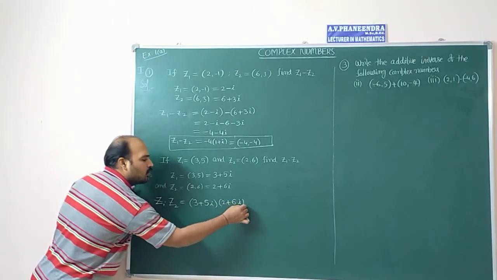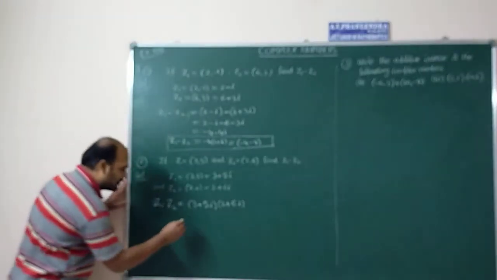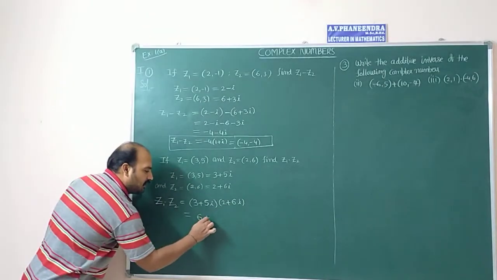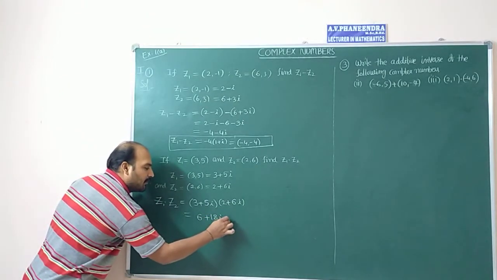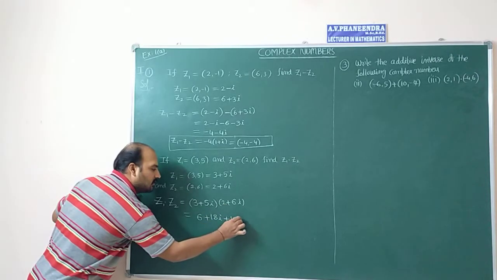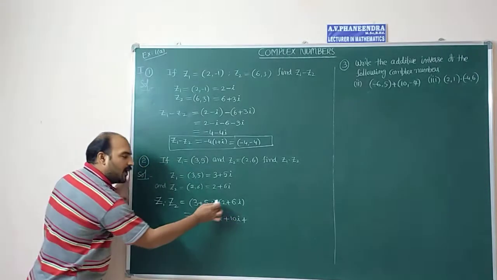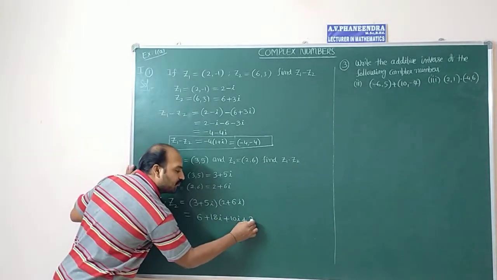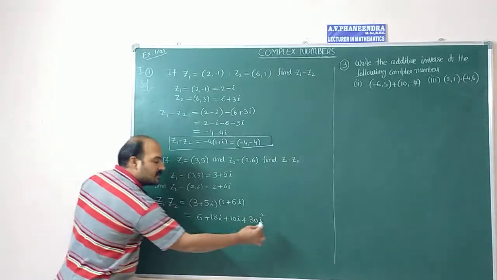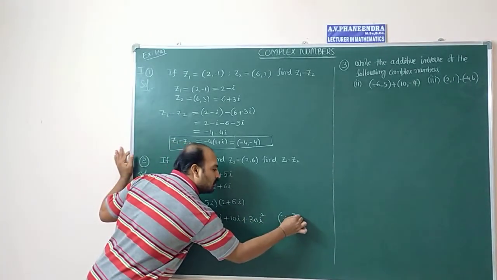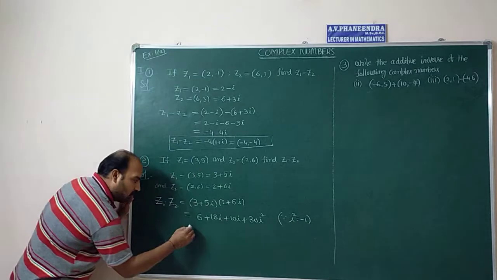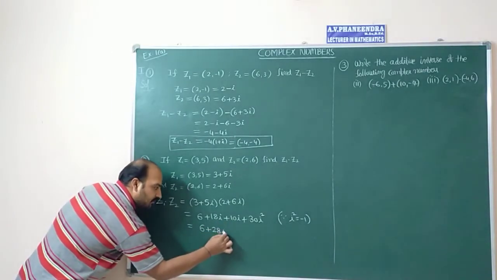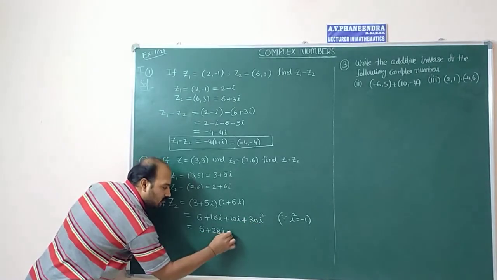Actual multiplication we have to do. Which is equal to 3 into 2, 6, 3 into 6i, 18i, plus 5i into 2, 10i, plus 5i into 6i, 5 into 6, 30, 30 into i square. Since we have i square is equal to minus 1, therefore 6, 18i plus 10i, 28i, 30 into minus 1.